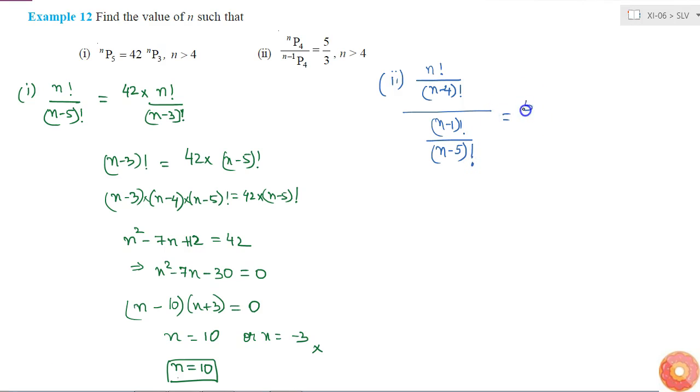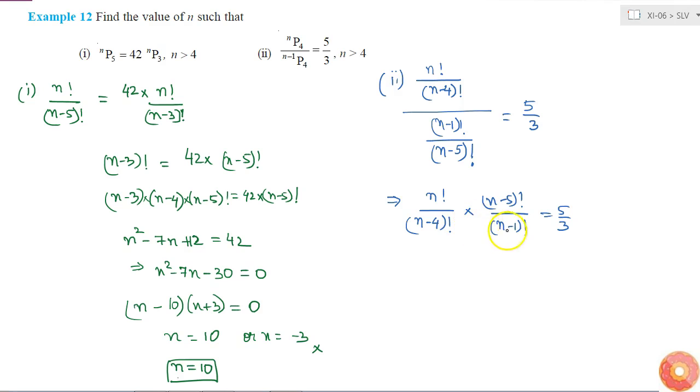This is equal to 5 by 3. So what does this mean? If I take this fraction to the numerator, I have to invert it. So n factorial by (n minus 4) factorial into (n minus 5) factorial divided by (n minus 1) factorial is equal to 5 by 3, correct?